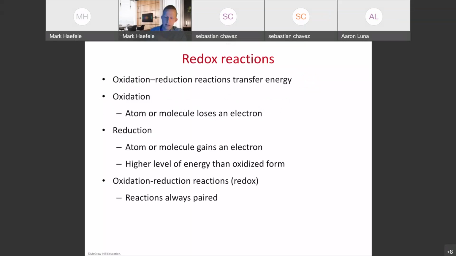Just to refresh, remember we did talk about redox reactions in chapter 2. We want to touch base on these because they are important. If you recall, a redox reaction is a situation where you have essentially the transfer of energy, or in this case, specifically the transfer of electrons from one atom to another.